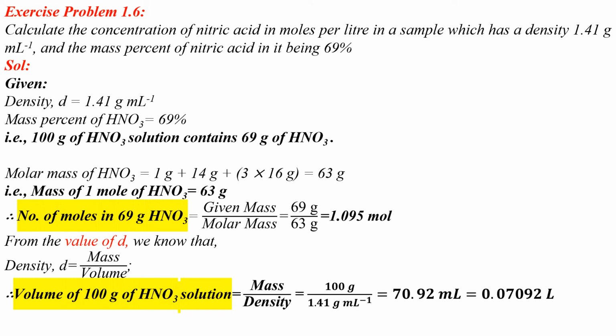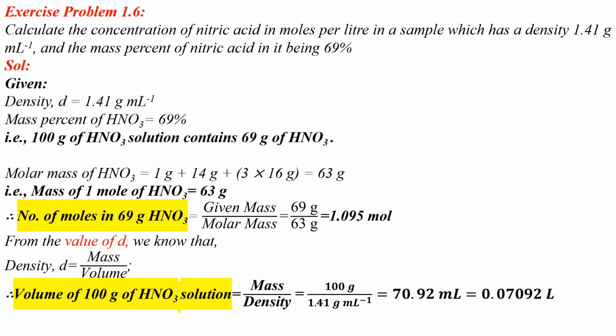On solving we get 70.92 milliliters. In order to substitute this in the formula for molarity, this has to be converted into liters. So after converting into liters, you have the answer as 0.07092 liters.